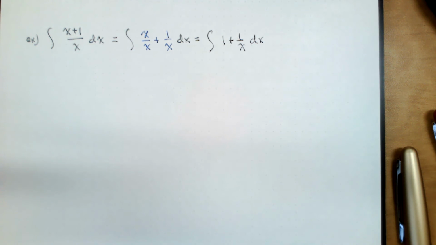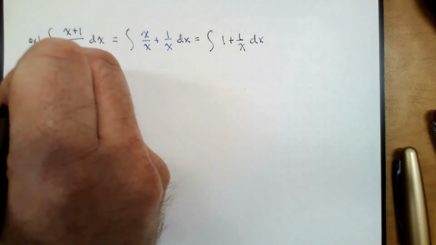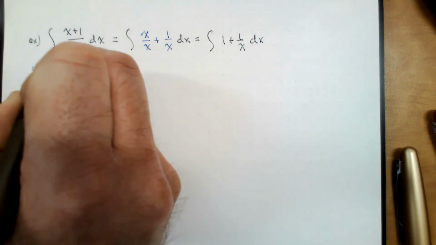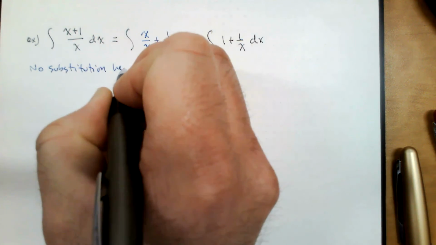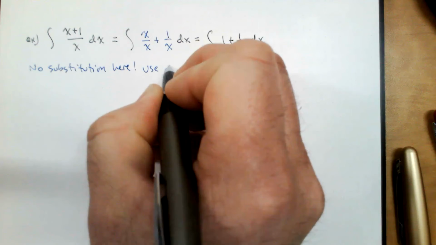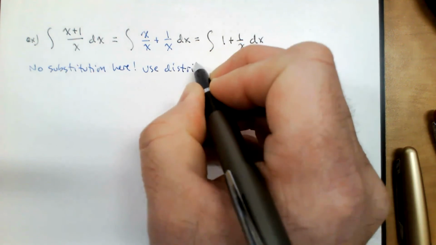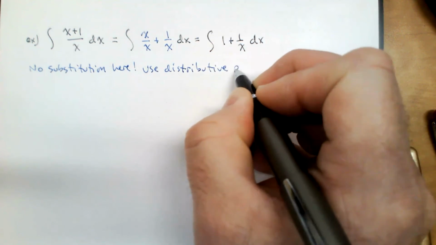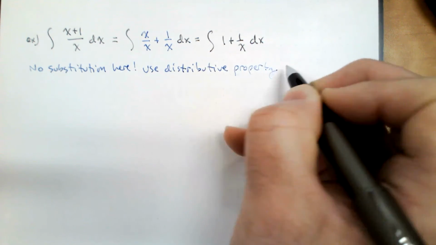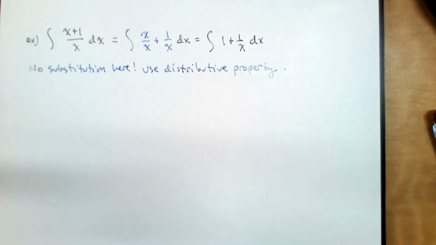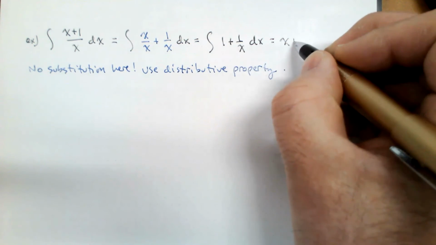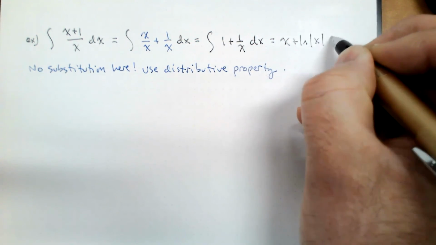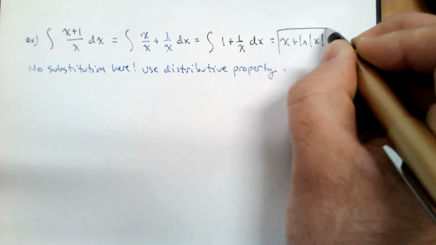Just use the distributive property. So the integral of 1 is x. The integral of 1 over x is natural log absolute value of x. And then we plus c for our constant of integration.